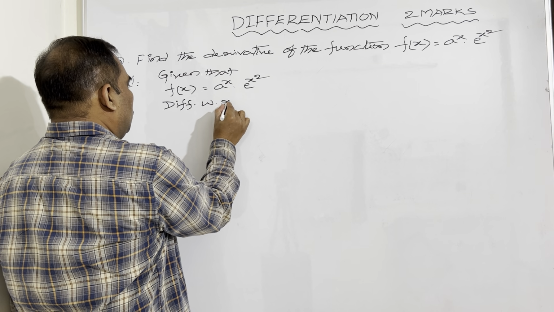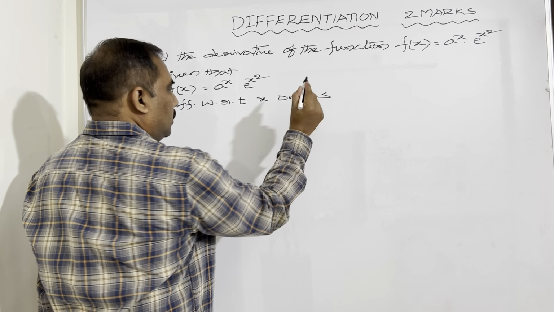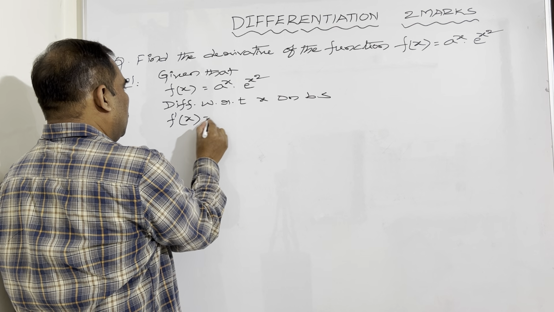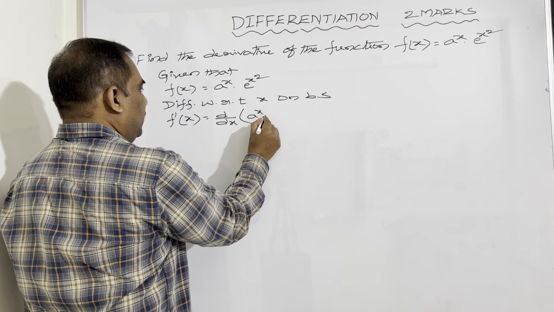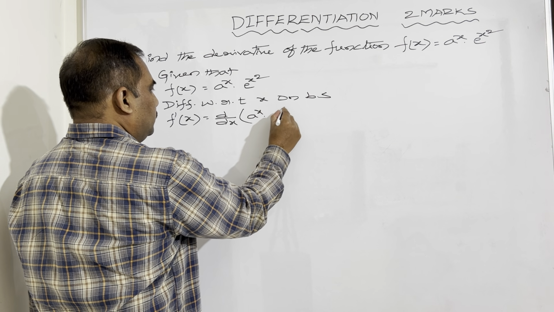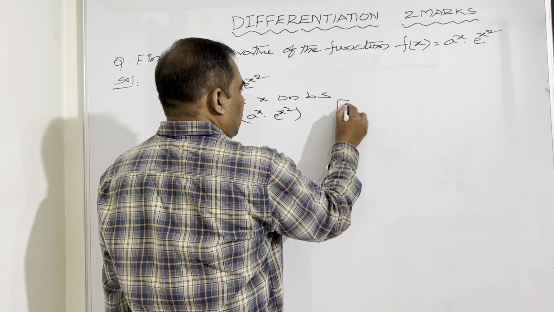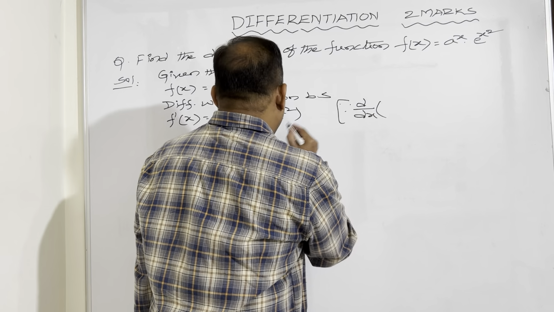So now f dash x is equal to d by dx of a to the power of x into e to the power of x square. Here the right hand side, if you observe, is in the form of the UV rule.